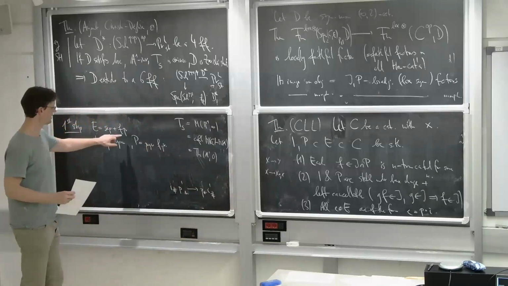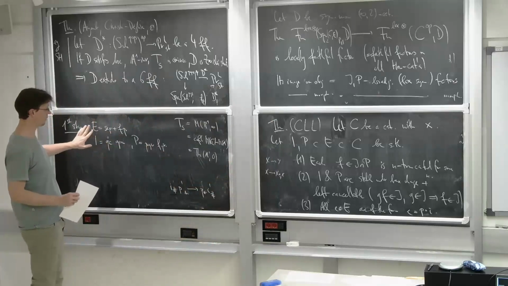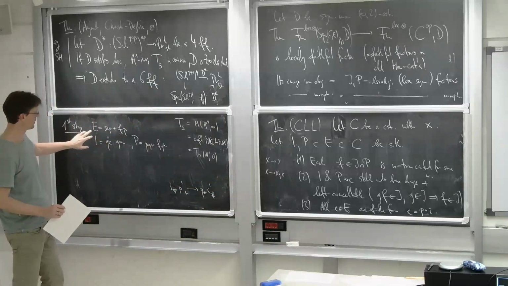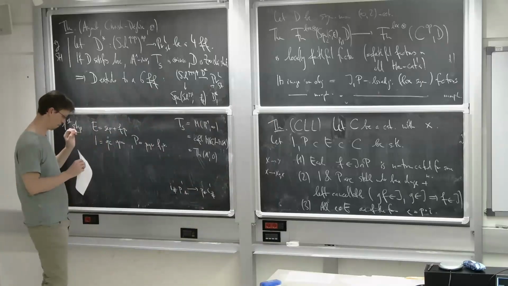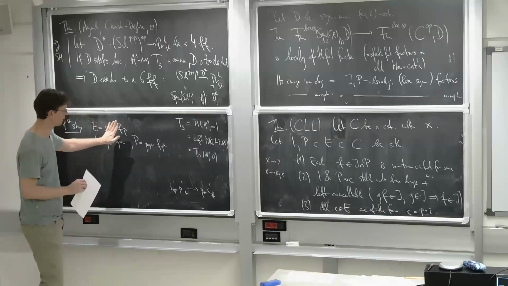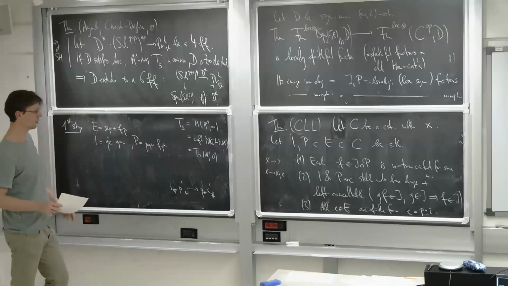This extra adjective finitely presented and quasi-compact you might not be used to when you read about SH. This is only necessary in these pro-etale and pro-Nisnevich worlds. That's maybe not the main focus for the moment.